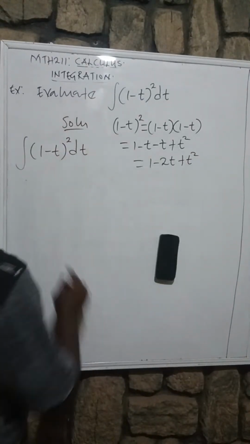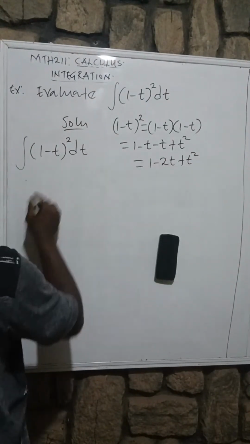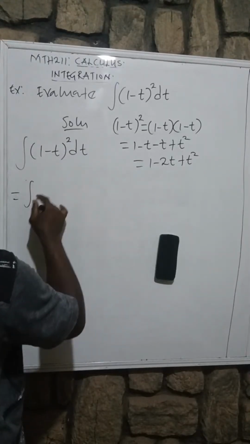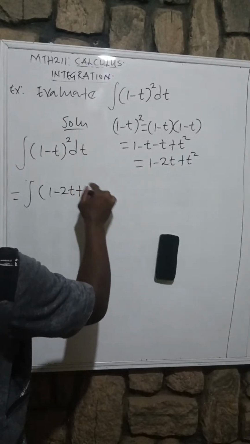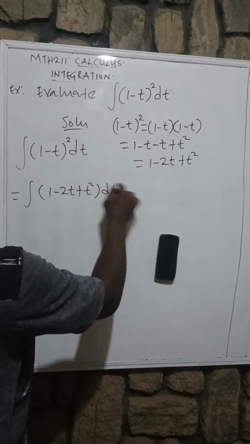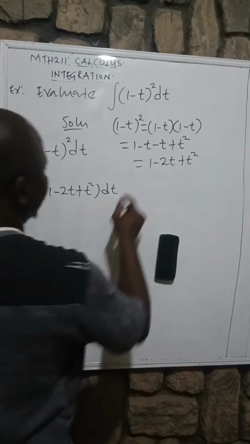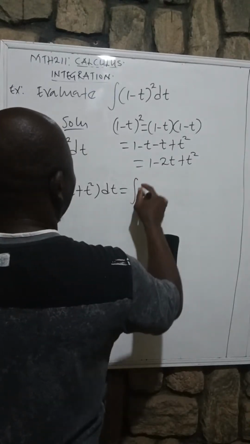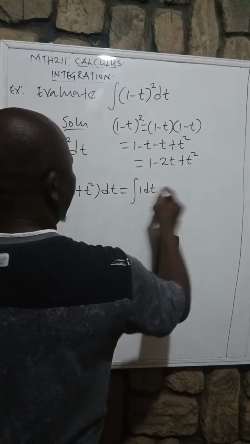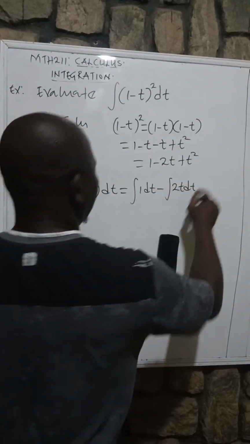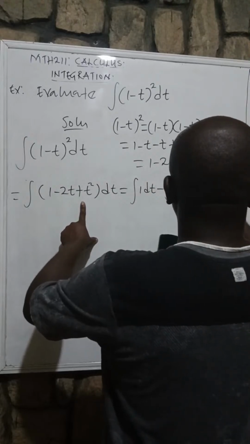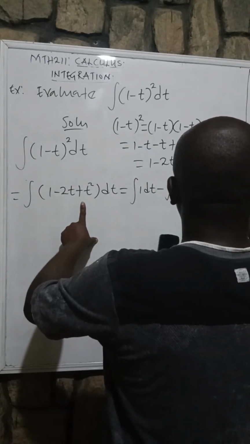Do you understand? So this will now turn to integral of (1 minus 2t plus t squared) dt. Right? So this is the same thing as integral 1 dt minus integral 2t dt, then plus integral t squared dt.